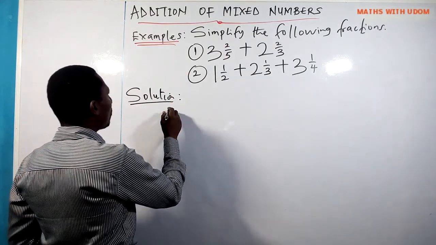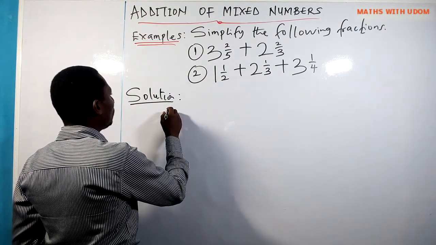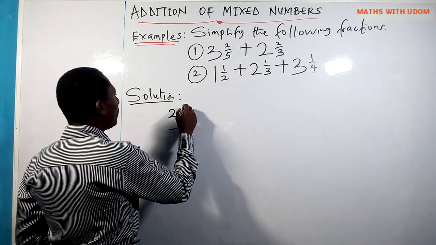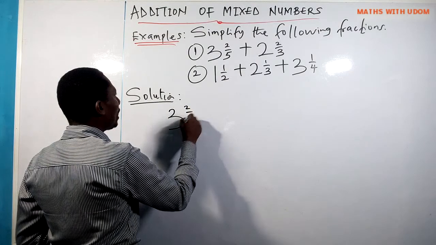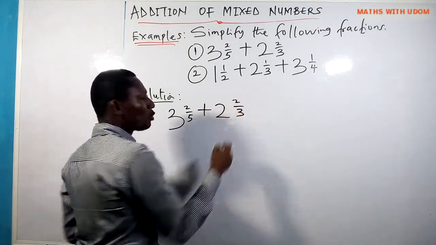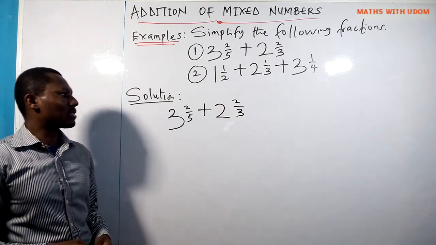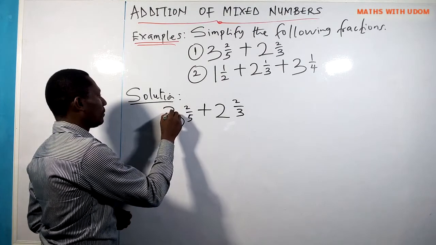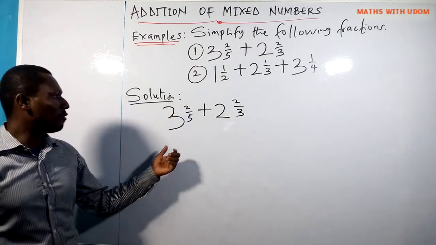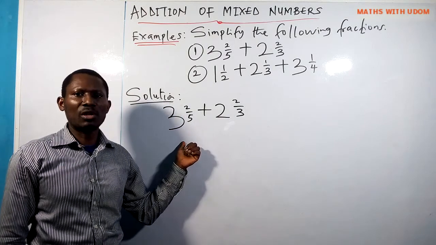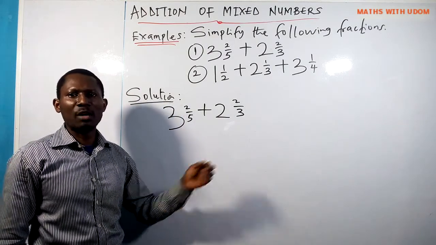The first one is we have 3 whole number 2/5 plus 2 whole number 2/3. So we want to start with the first method, where we convert this fraction into an improper fraction, and then we simplify.